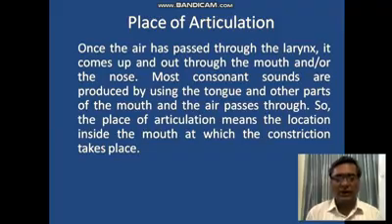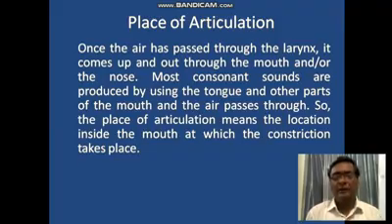So place of articulation basically means the position or the place within your mouth where the sound originates. Most consonant sounds are produced by using the tongue and other parts of the mouth. And remember one thing, that the tongue is the most important active articulator, and the other parts of our mouth are also involved, but most of them stay passive, but the tongue is the most active one.